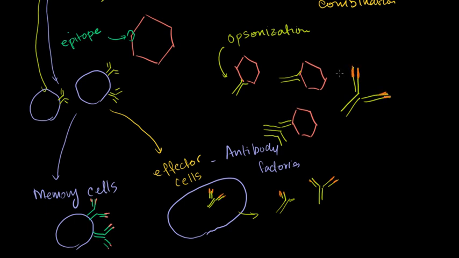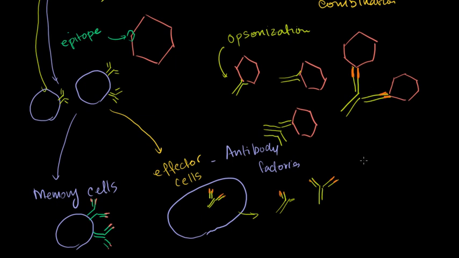Each of these branches can bond to the epitope on a virus. So you can imagine what happens if this guy bonds to one epitope and this guy bonds to another virus. Then all of a sudden, these viruses are kind of glued together, and that's even more efficient. They're not going to be able to enter cell membranes, and they're perfectly tagged. They've been opsonized so that phagocytes can come and eat them up.